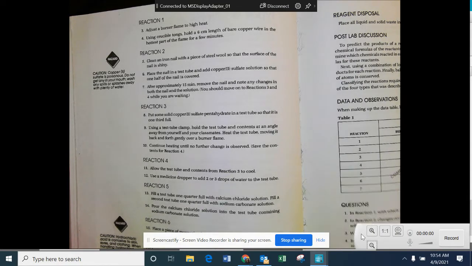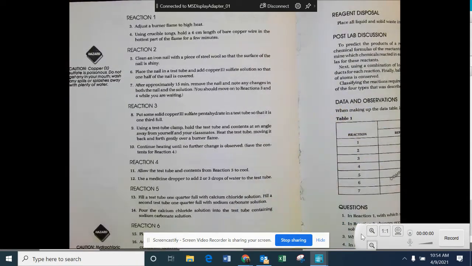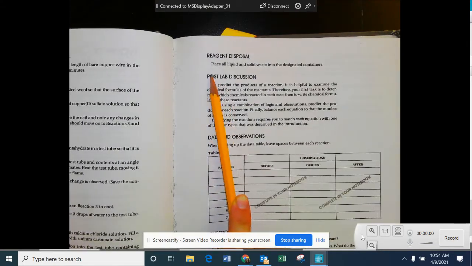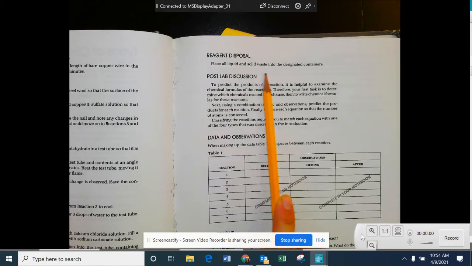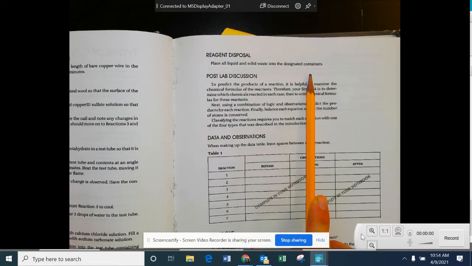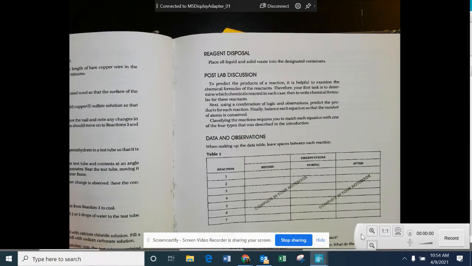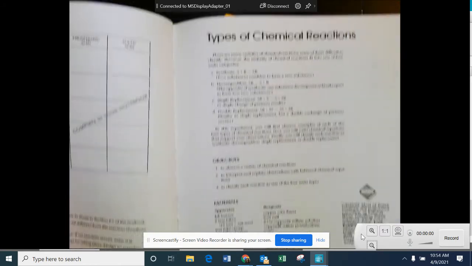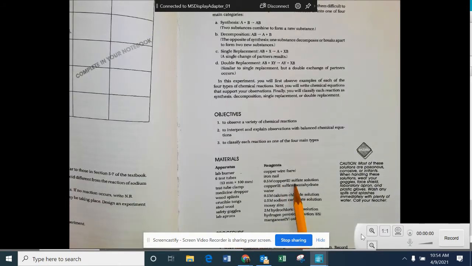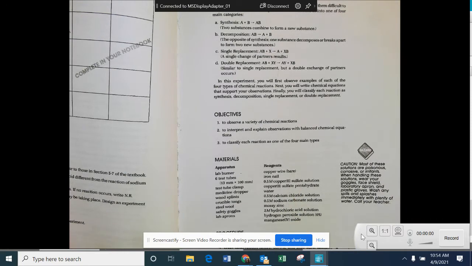Thank you. Okay, so you're going to be all set when you come in on Monday. Reagent disposal. So I've got right here, place all liquid and solid waste into designated containers. I will write it up on the board as well, but basically all of the acids go down the sink with lots of water. And then things like copper 2 sulfate are going to go in the waste bucket, which is in the fume hood.